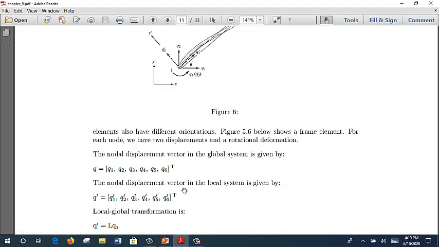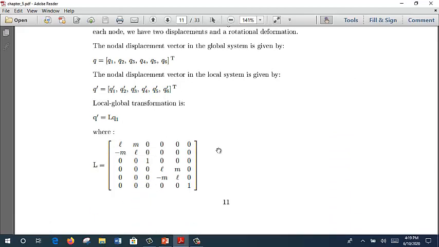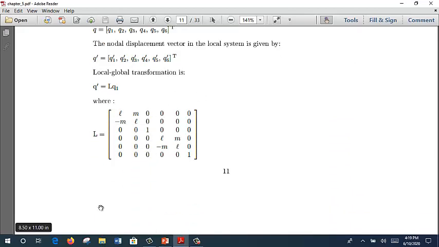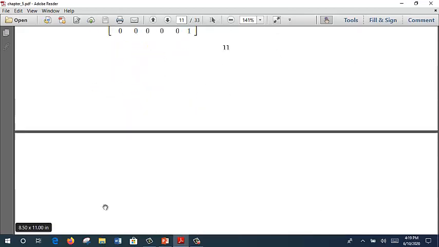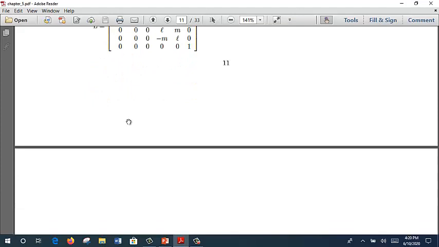And then the nodal displacement is similar to the previous one. And then this is how they calculate the local and global deformation, and this is how they calculate the transformation matrix. Okay, they consider the l and m. If you do not remember what l and m are, go to the previous lesson on how to calculate l and how to calculate m, which is related to the length.